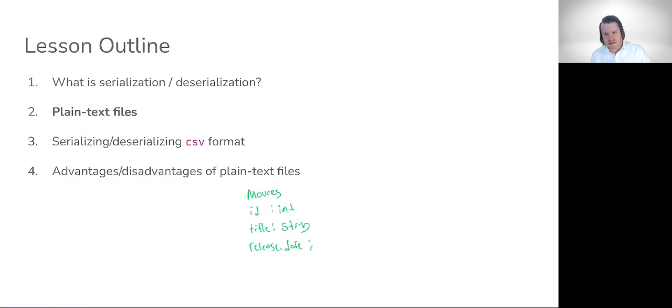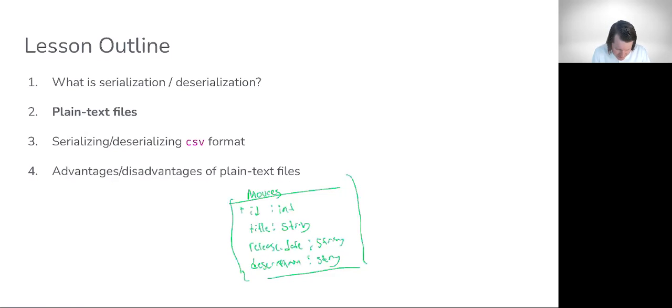Let's keep it easy and just do another string here. And let's say the final thing we're looking to store is a description, also in string form. So let's say we have this structured way of storing movie objects in our program.